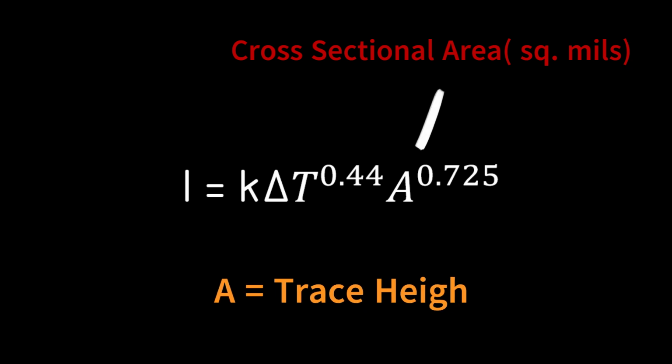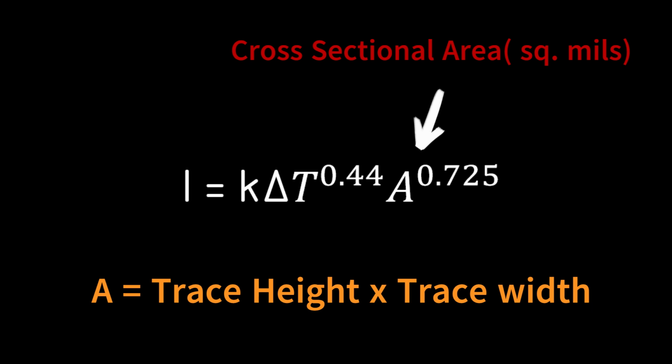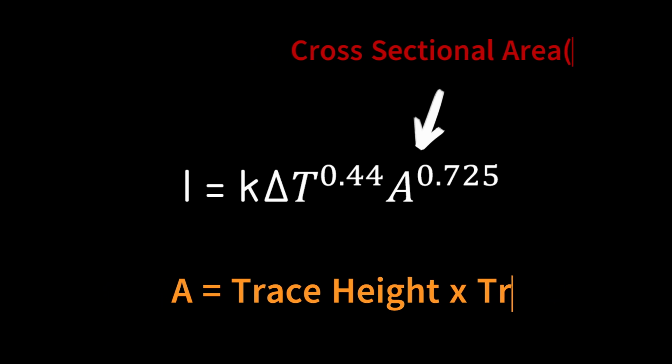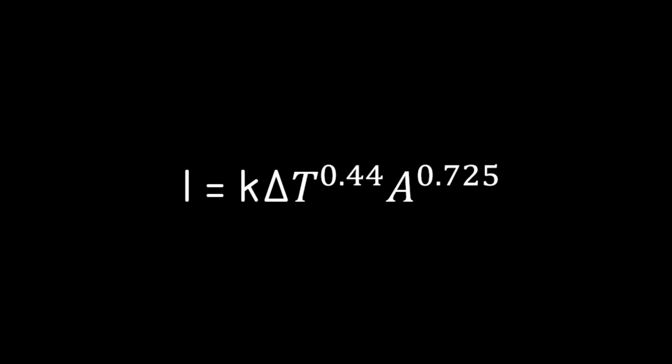Cross-sectional area can be written as a product of trace thickness and trace width. So, by substituting values for I, K, delta T, and trace height, we can find the correct values for the trace width.